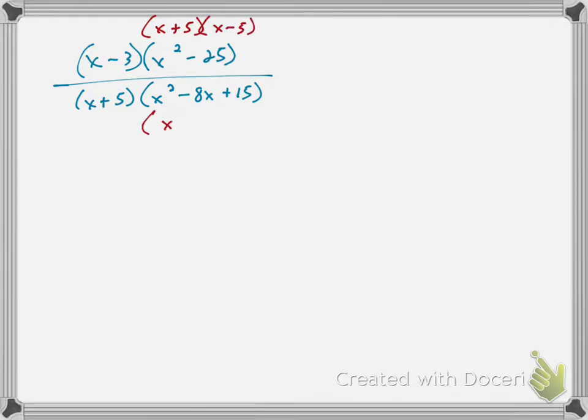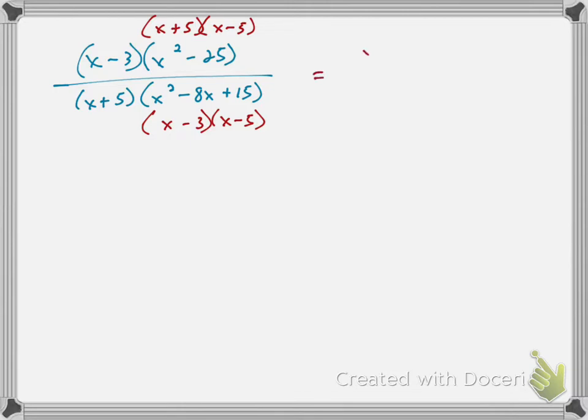Okay, the denominator, x squared minus 8x plus 15. It's got to multiply to give me a positive, add to give me a negative. So I know that they both have to be negative signs. A negative 3 and a negative 5 multiply to give me a positive 15, a negative 3 and a negative 5 add to give me a negative 8. So that's kind of how I'm doing that factoring there.